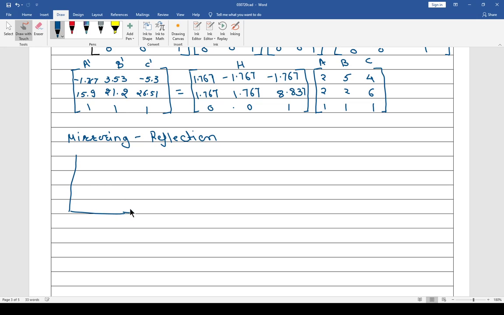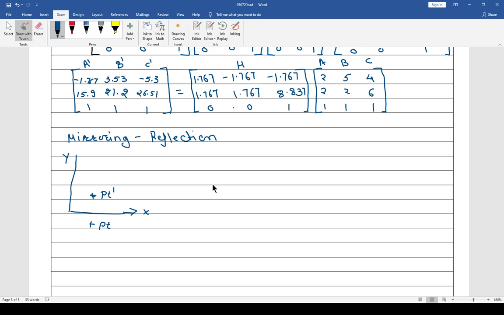x and y axis. So this is my x axis, this is my y axis. So here is a point PT, and the mirror of this point about x I am going to get somewhere here. About x its mirror, let's call this PT dash.